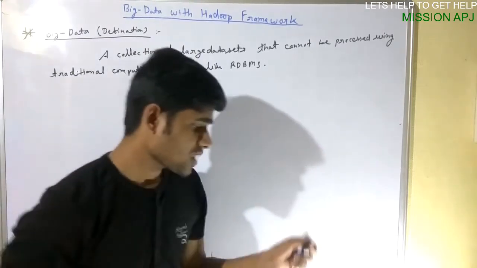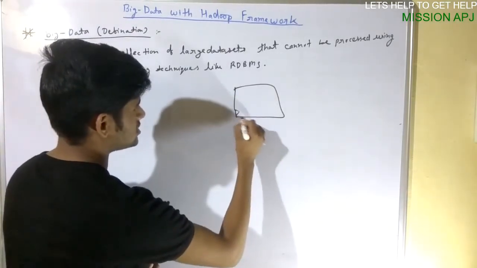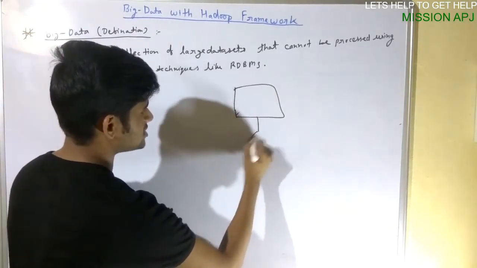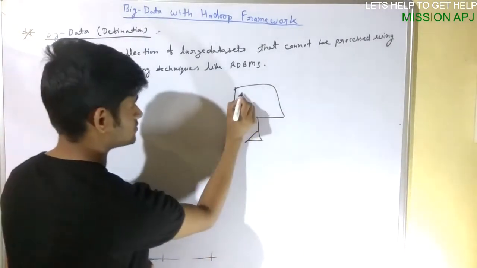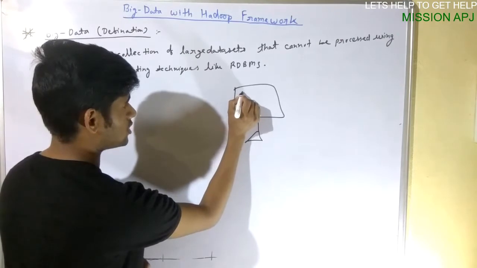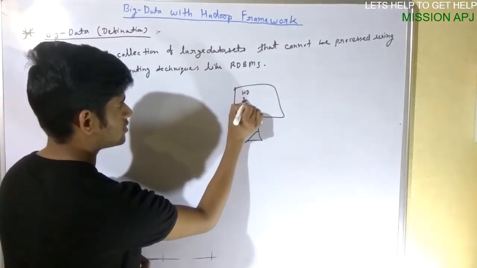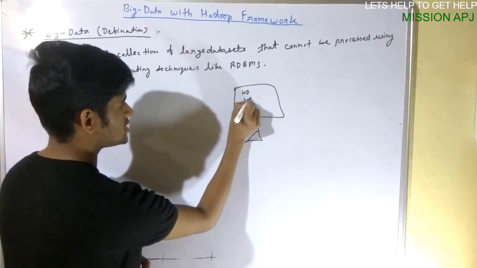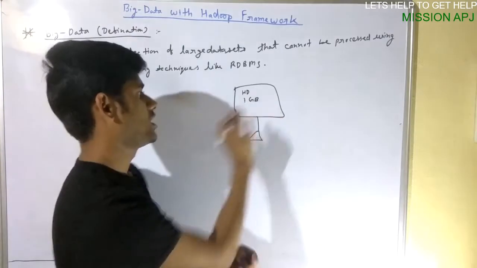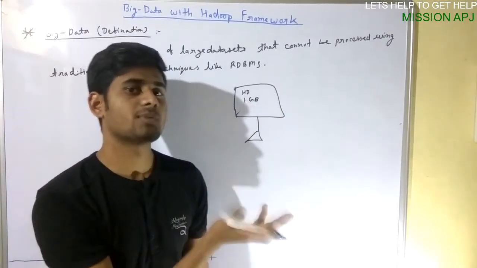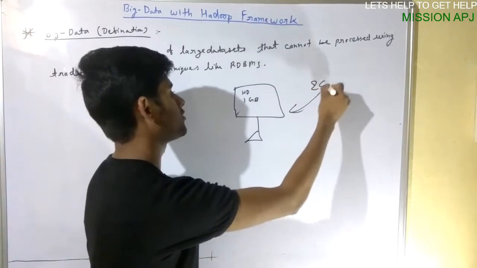Now, for a single machine, suppose it has a hard disk of 1 GB. So 1 GB of data can be stored here and locally processed here. Fine, but what if you are getting 2 GB of data?